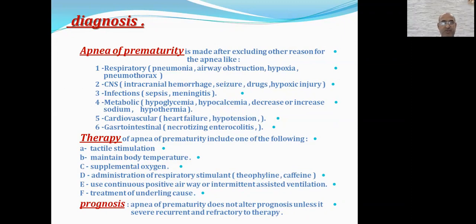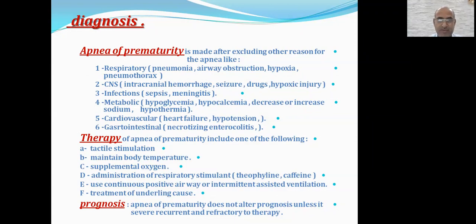So before saying this is apnea of prematurity, you should exclude other causes of apnea that may be serious, like respiratory problems, pneumonia, airway obstruction, hypoxia, pneumothorax; central nervous system, tracheal hemorrhage, seizure, drugs or hypoxic injury; infection like sepsis or meningitis; even metabolic, hypoglycemia, hypocalcemia, decrease or increase in sodium, hypothermia; cardiovascular problem, heart failure, hypertension; or even gastrointestinal problem like necrotizing enterocolitis.